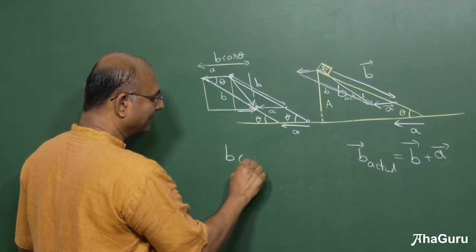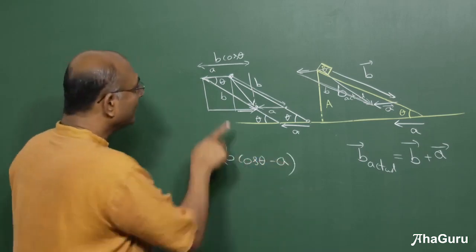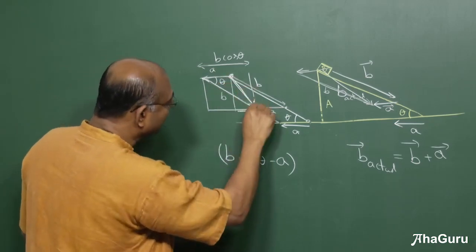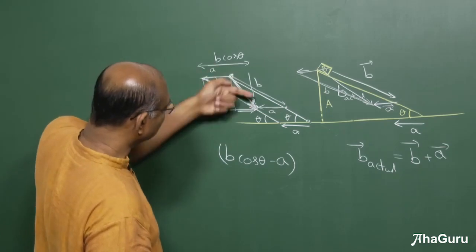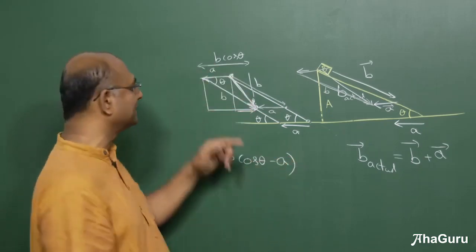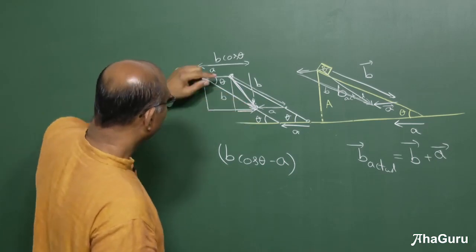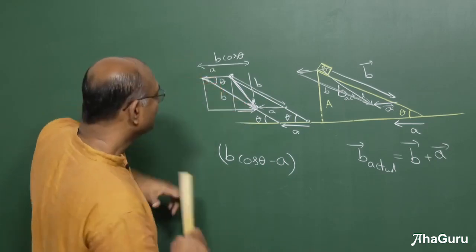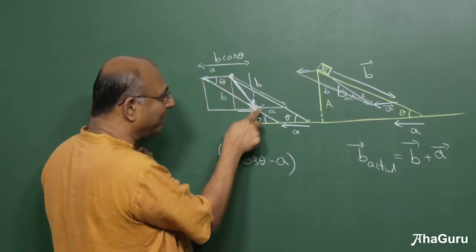B cos theta minus A. Now that is the horizontal component of this vector. Can you see this vector's horizontal component is B cos theta minus A, because B cos theta is this much and A was this much. So it should have gone B cos theta forward, but then it came back A.